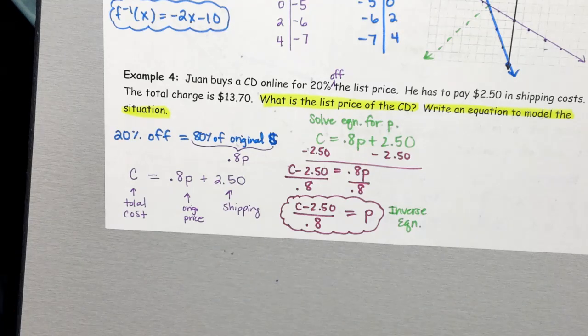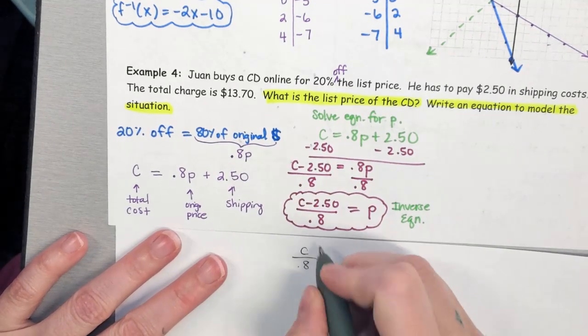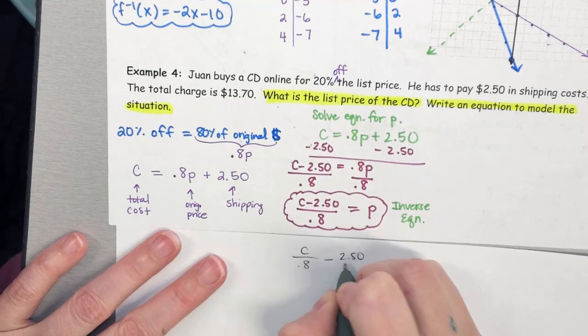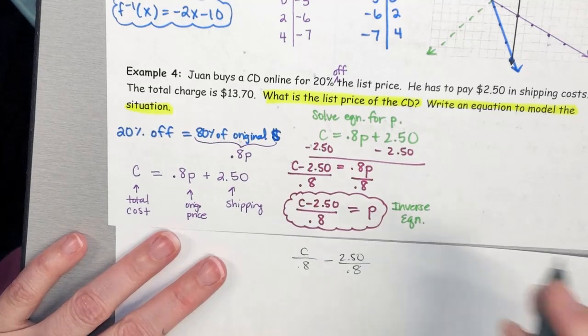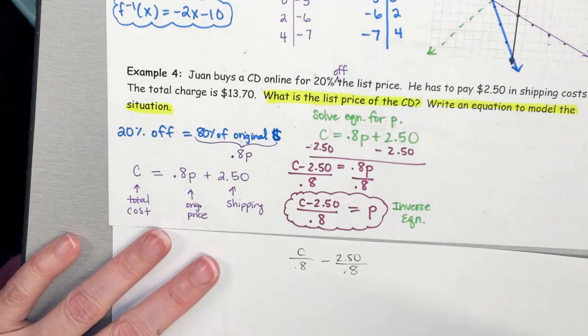Well, not necessarily, because then the equivalent would be C divided by 0.8. And then you have the negative 250 divided by 0.8. What did you get for that? Yeah, and then you'd have to keep it like that.